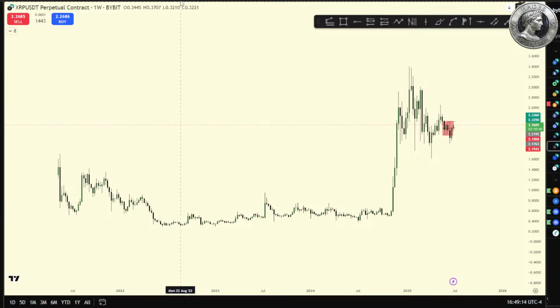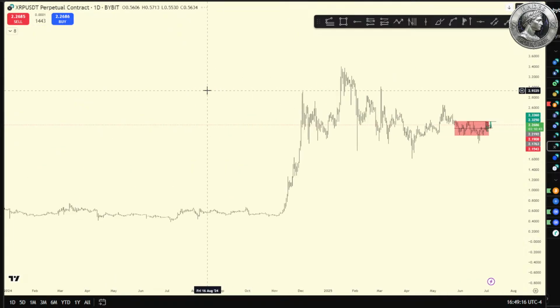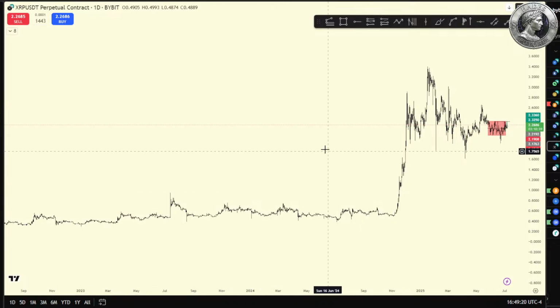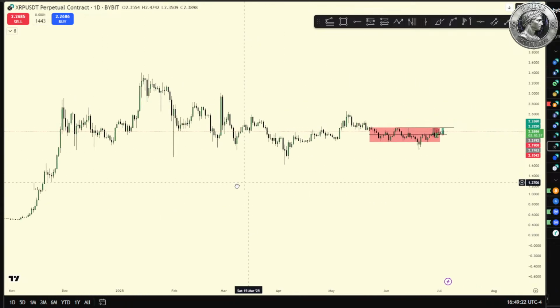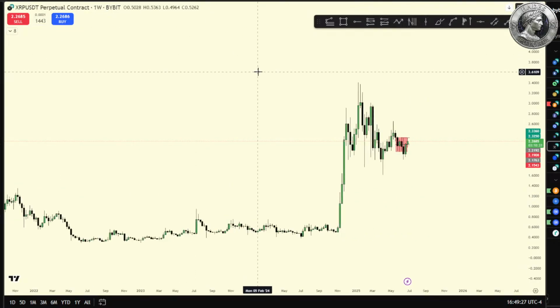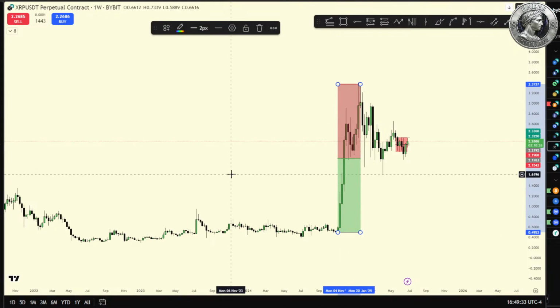Yeah. XRP starts to do these things again. Accumulation. Just forever sideways. And I think over time, we already tapped it.